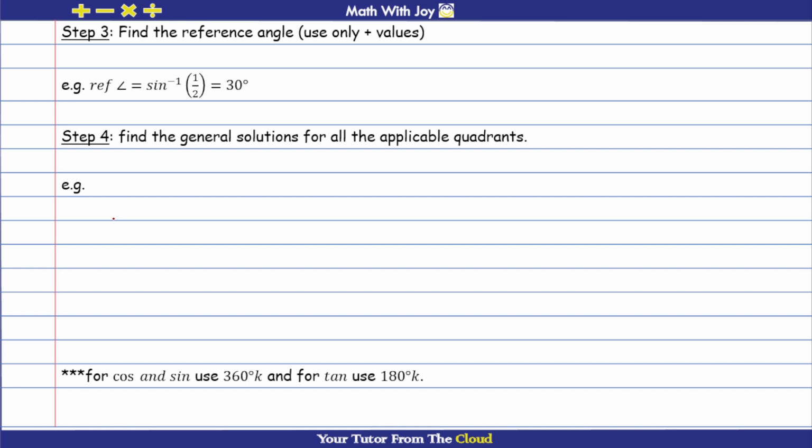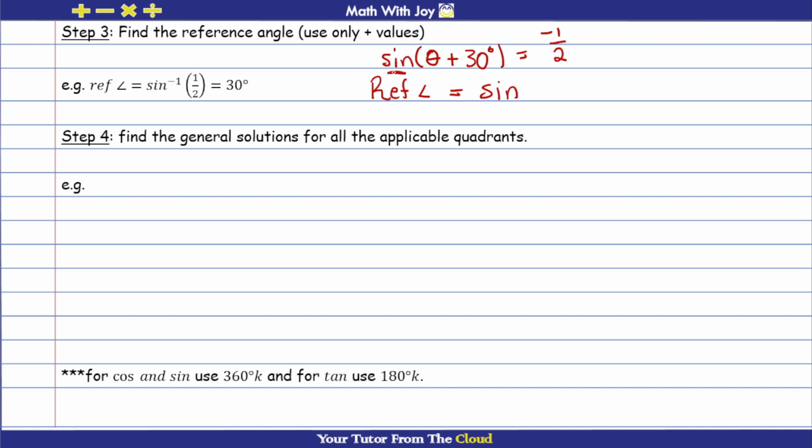Now step 3 is for you to find the reference angle. So again, having sine and we have theta plus 30 degrees equal to negative a half. The reference angle is going to be inverse sine.